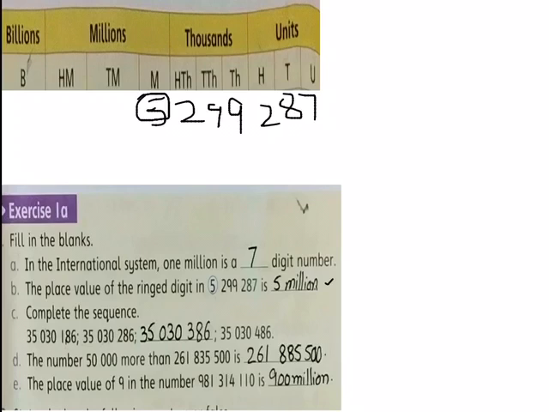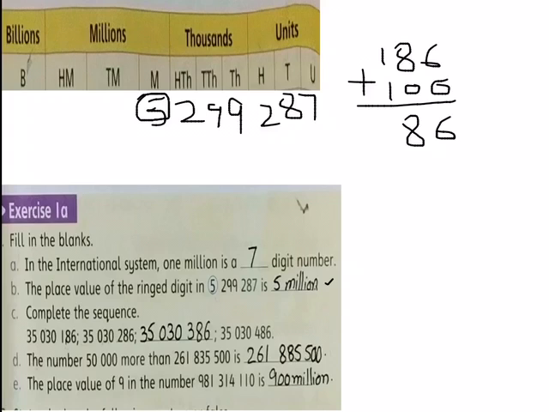Look at 186, 286. So we will add 100 to 186: 6 plus 0 is equal to 6, 8 plus 0 is equal to 8, 1 plus 1 is equal to 2. So the answer is 286.